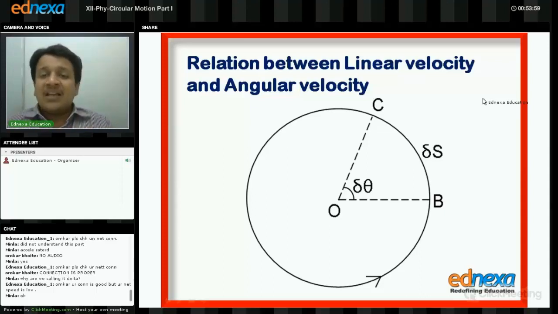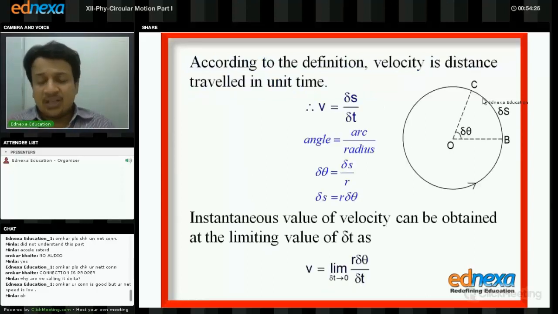Initially, the particle is at point B. After some time, it will reach point C by covering angle delta theta and by tracing arc delta S. Let O be the center of the circular motion. Here, the description of the diagram gets over. After the description of the diagram, you are going to move towards the proof or mathematics.